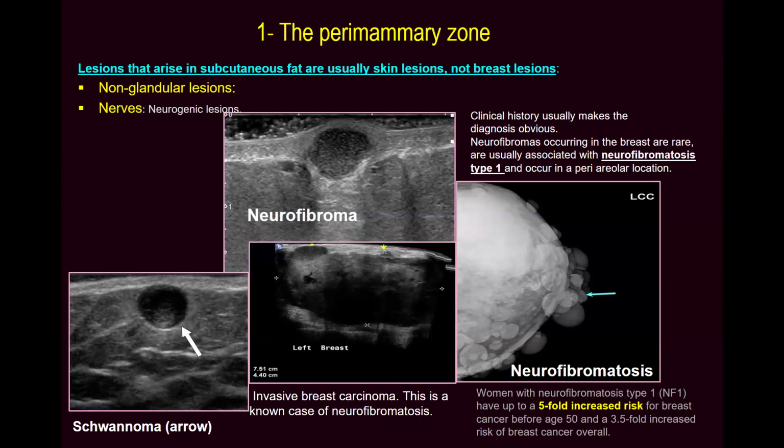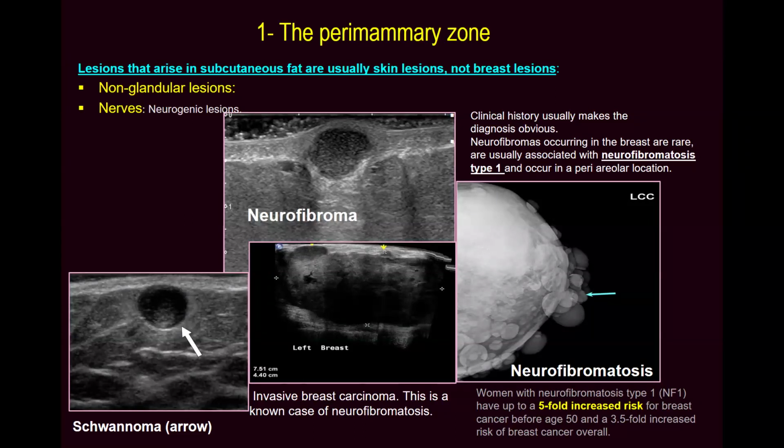Regarding the neurogenic lesions, most of the lesions are either schwannoma or neurofibroma, and it's difficult to differentiate them by ultrasound. Here is an example of schwannoma and here an example of neurofibroma. But patients with type 1 neurofibromatosis have a 5-fold increased risk of breast cancer in premenopausal women.